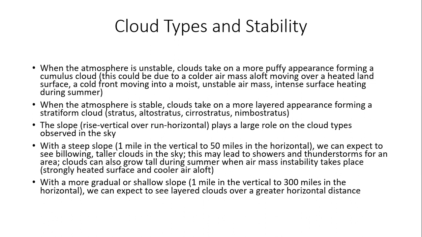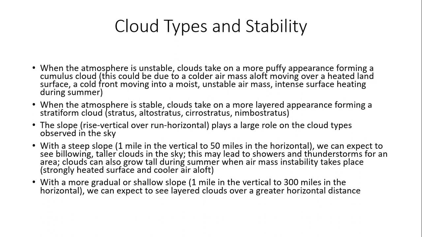When you have a steeper frontal slope, let's say the air rises 1 mile in the vertical for every 50 miles in the horizontal, that is considered a steep slope. And we can expect to see billowing, taller clouds in the sky and the potential for showers and thunderstorms in a particular area.